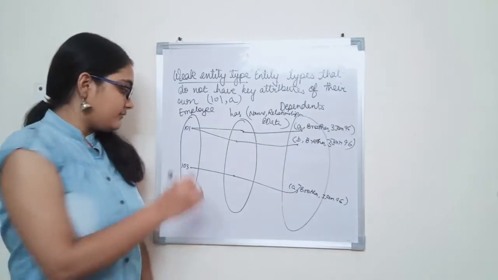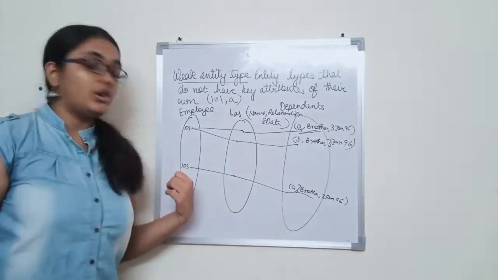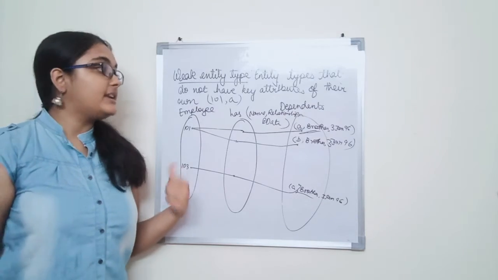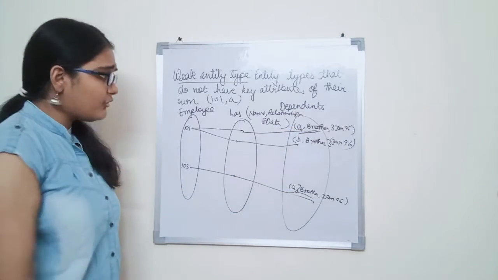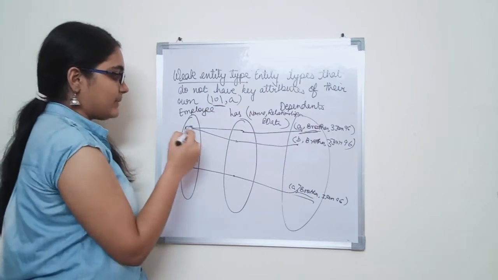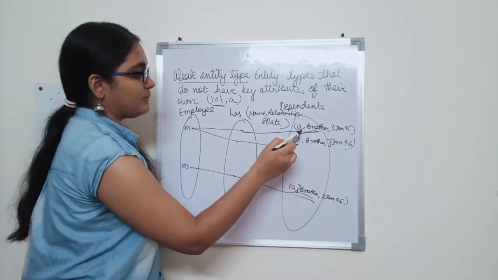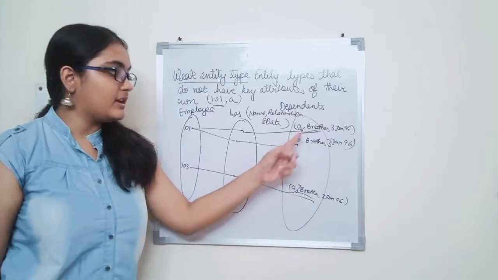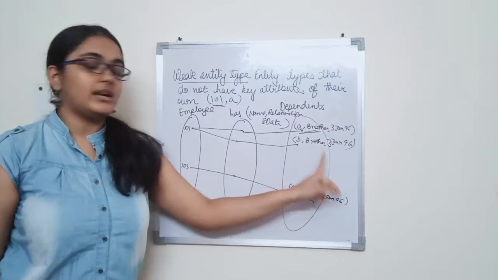But for this to be differentiated from this, we need the owner entity's attribute, which is the SSN. So in order to identify each entity uniquely, we have to specify an attribute from employee and also the partial key from here. In the worst case, what will the partial key be? The combination of all the attributes.